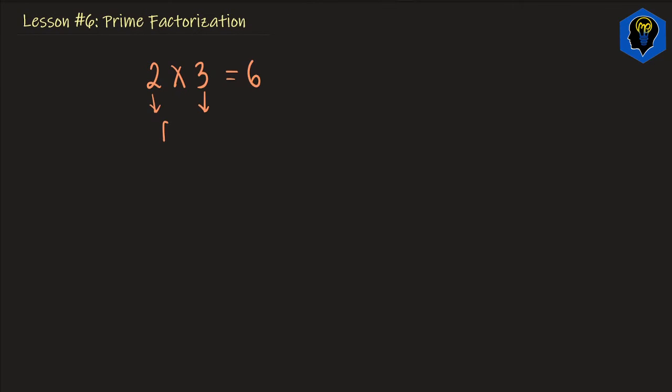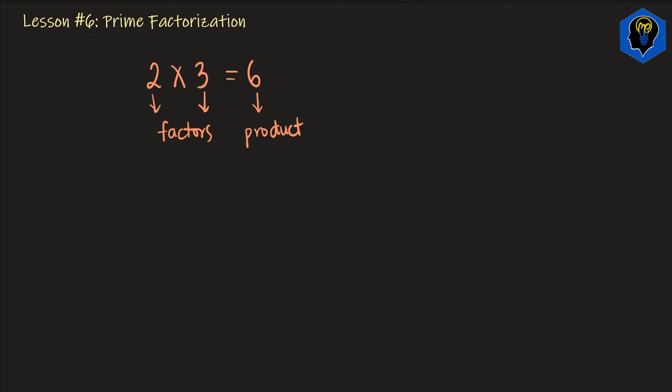We call them factors. So 2 and 3 are factors. 6 is our product. This is for multiplication.